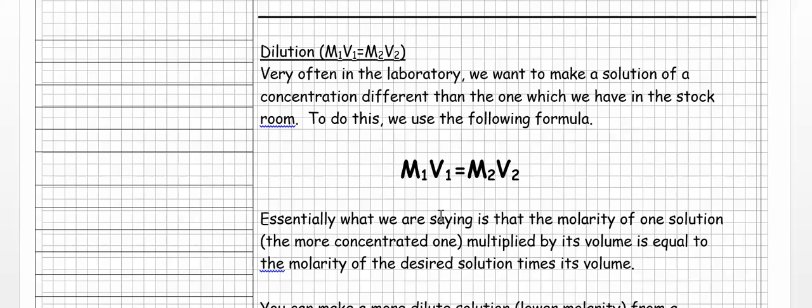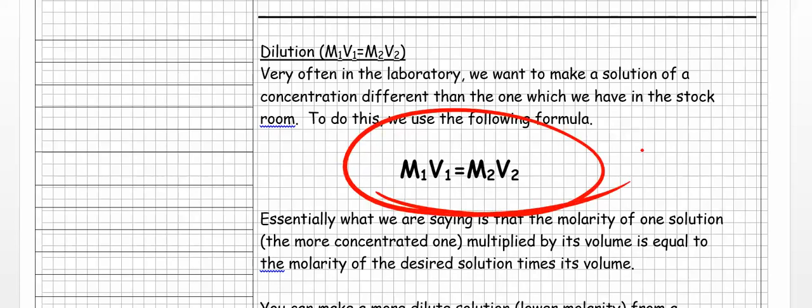It's M1V1 is equal to M2V2. What do the M1 and the V1 and the M2 and the V2 stand for? Well, the M1 is the molarity of the more concentrated solution. The V1 is the volume of that solution, okay? The M2, of course, is the molarity of the more dilute solution. And V2 is the volume of the more dilute solution, okay?